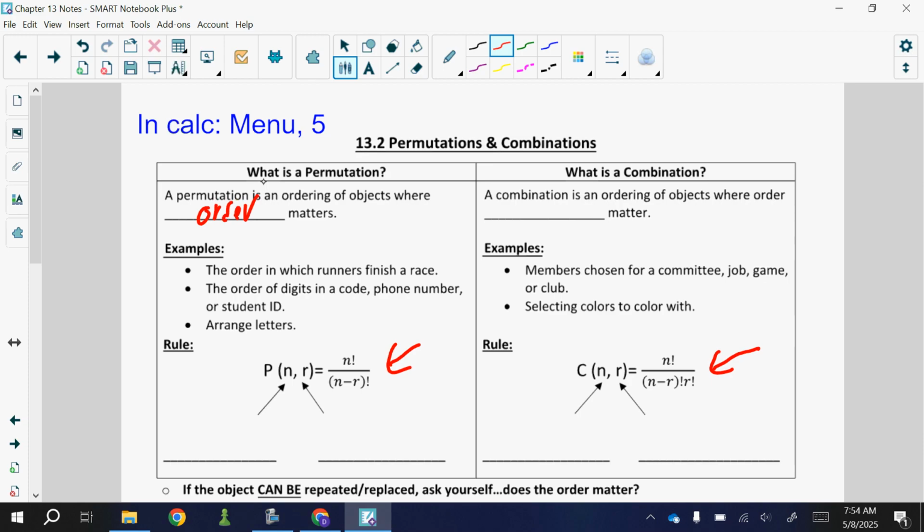So vice versa, in a combination, order does not matter. Members chosen for a committee, job, game, or club. If you're hiring people to be on a committee, it doesn't matter per se in what order you're going to hire those people. Or selecting colors to color with.